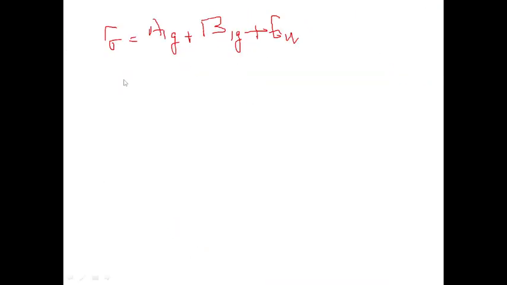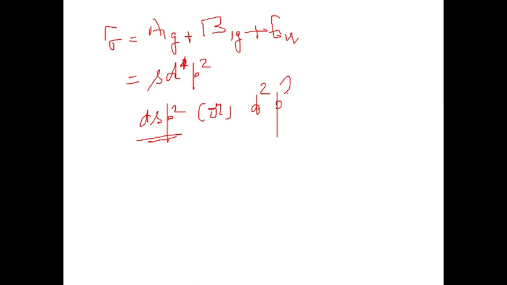The hybridization predicted according to group theory is s d squared p squared, or I can write it as dsp2, or instead of s, d2p2. So two hybridizations are predicted for the D4h symmetry.